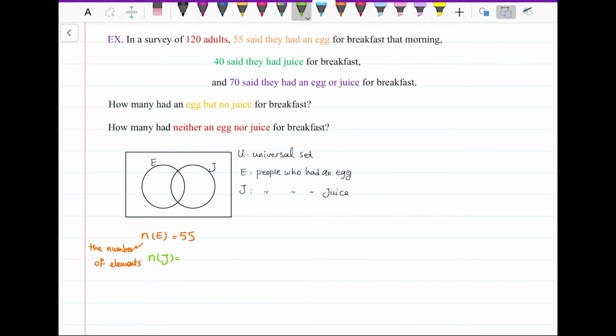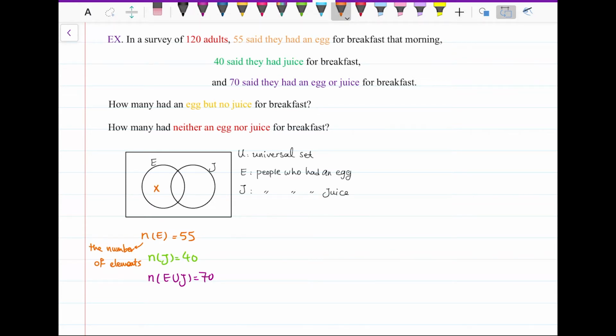Then N of J, the number of people who had juice, would be 40. Then N of 70 is the number of people who had egg or juice. Whenever we see or, it means union. So N of E union J is 70. What else do we know? Nothing else for now.